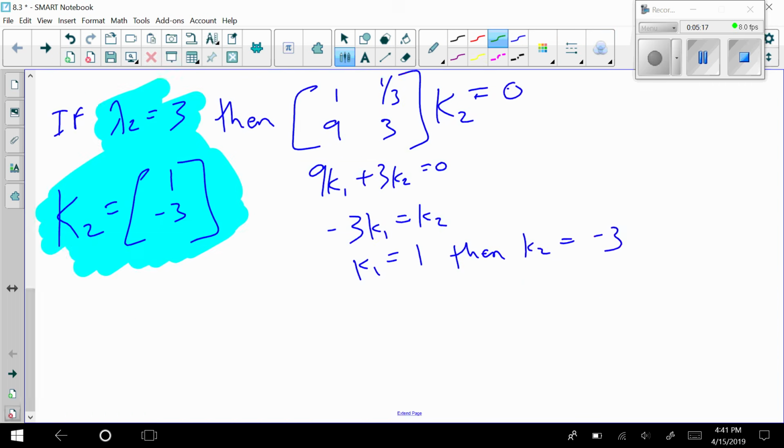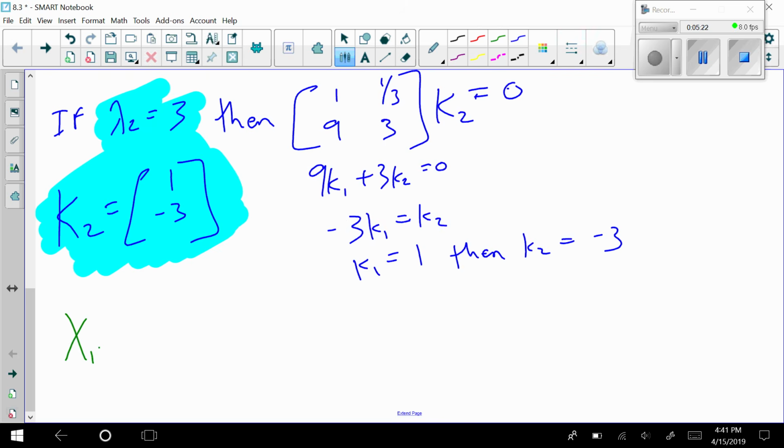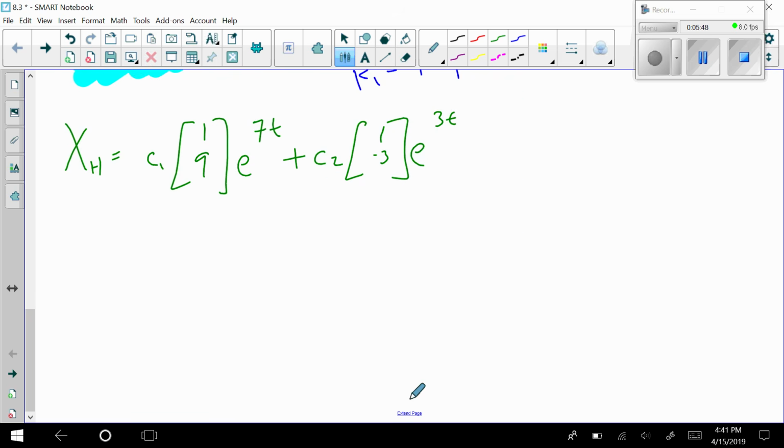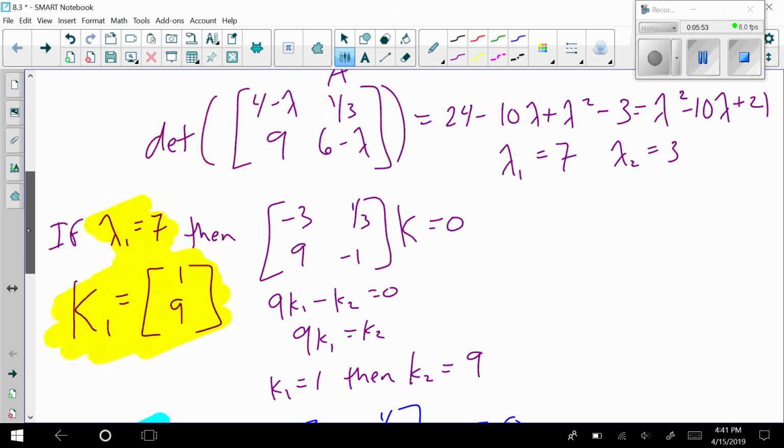So when I go through, I am creating the homogeneous solution, which would be C sub 1 times big K sub 1, which was 1, 9 for me, and that was e to the lambda sub 1 t, plus C sub 2 K sub 2 e to the lambda 2 t. Now, that's just the homogeneous, and we've done that before, so hopefully we're decent at that.